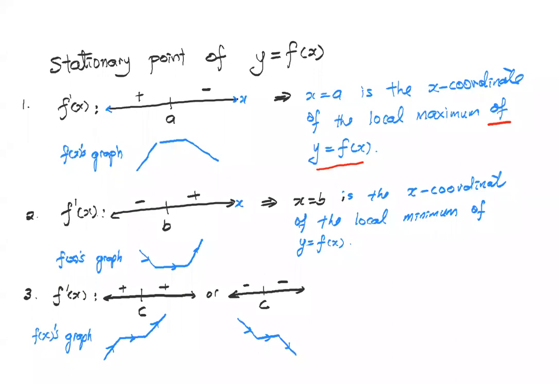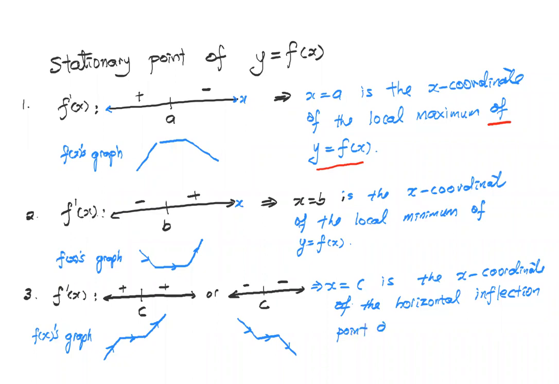Got it? So we call x equal to C the x coordinate of the horizontal inflection point of y equal to fx.